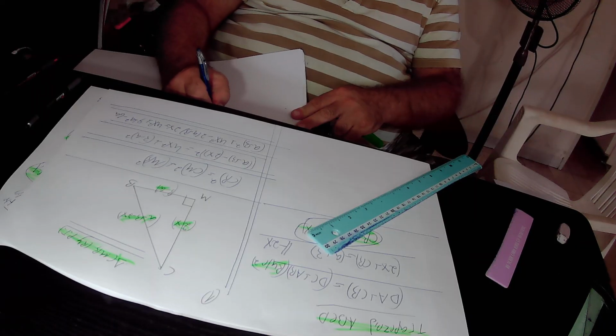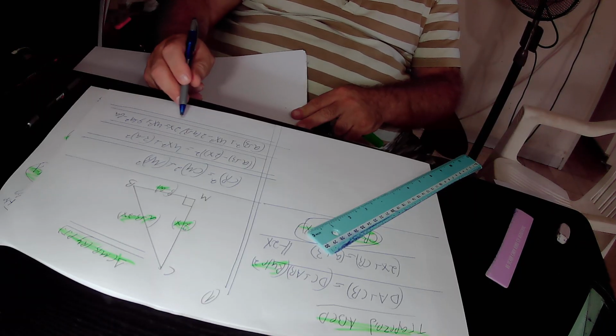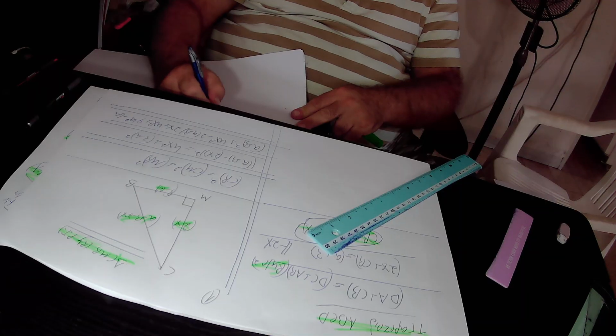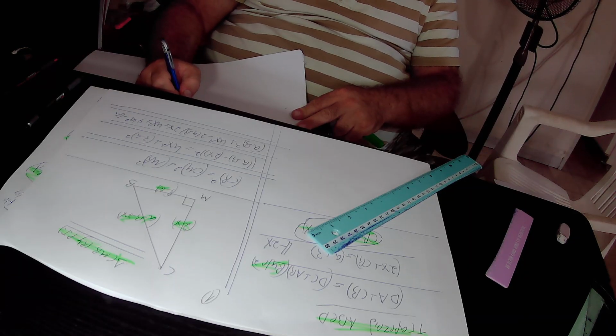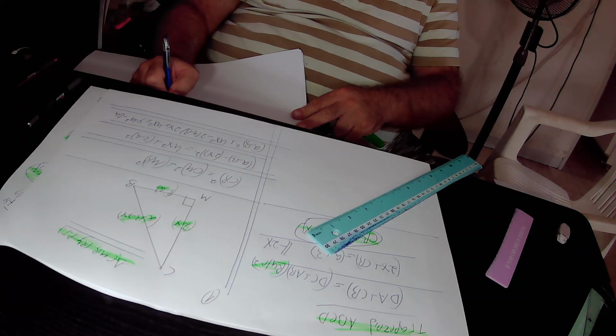So in total, this expression equals minus 4x times (A plus 3). And it equals 4x squared plus 9 plus A squared minus 6A.